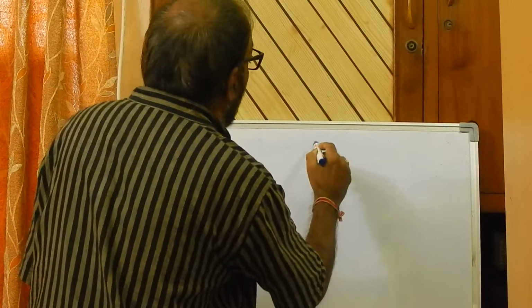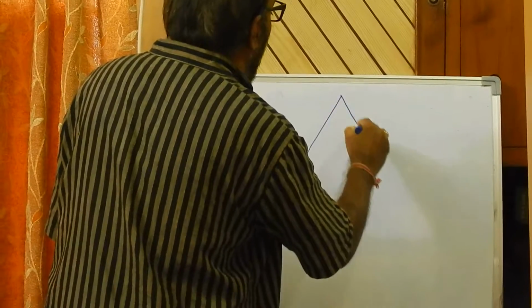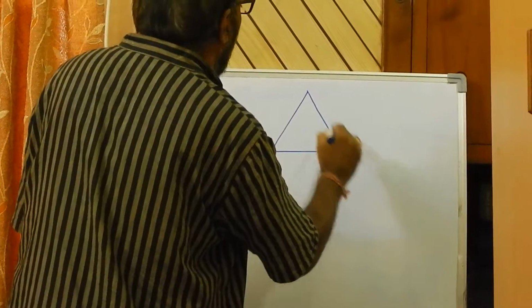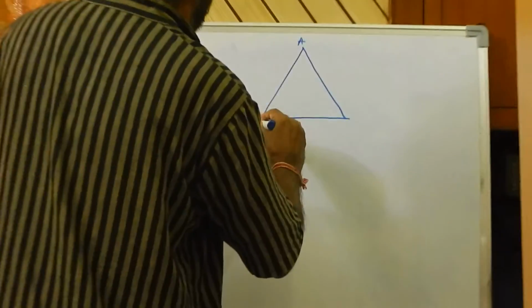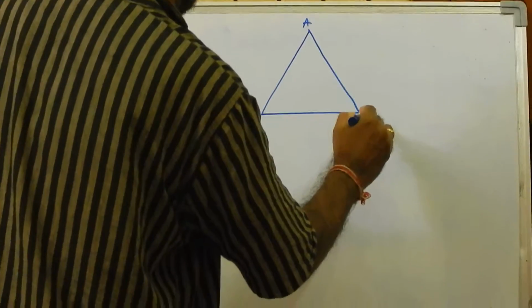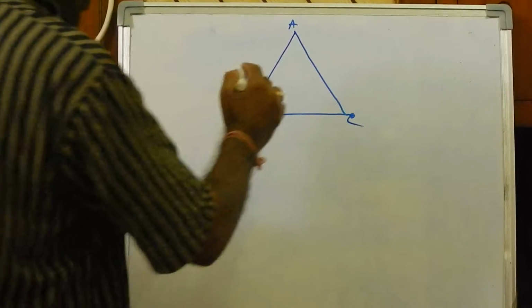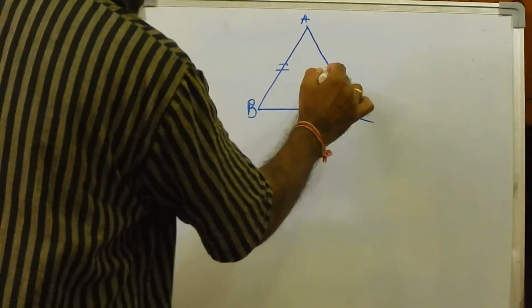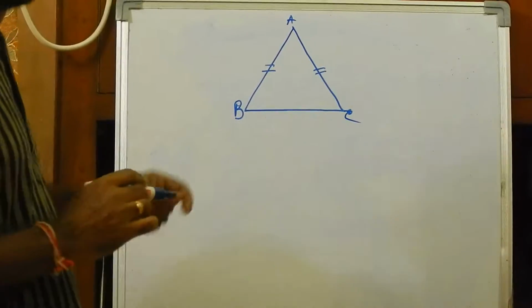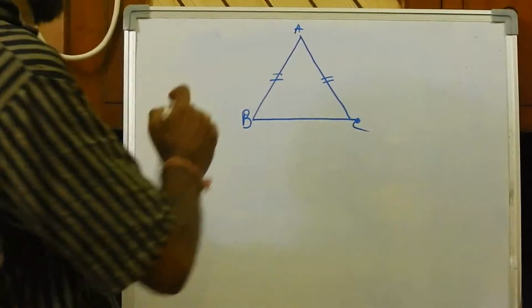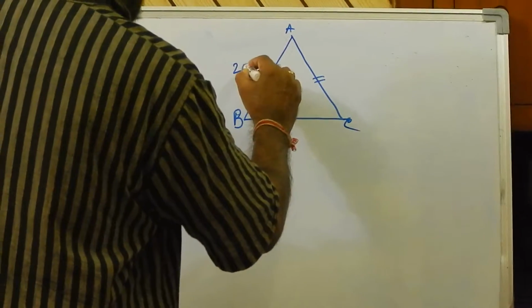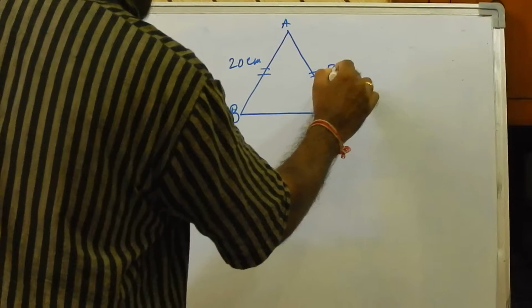Here is a sum. A triangle ABC, it is isosceles, and here AB equal to AC, and both of them are 20 centimeter only.